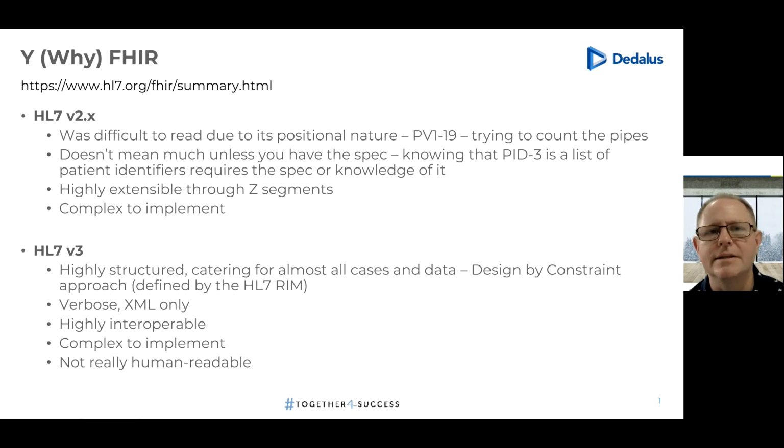And then what would happen is that for particular scenarios, we'd constrain that RIM down to a subset of elements that were important in that context. So as opposed to HL7 v2, which provided extensibility and was not trying to be all things to all people, v3 was kind of the inverse to that. So start with everything that could possibly be used in a healthcare context and model that and then constrain it based on what you needed.